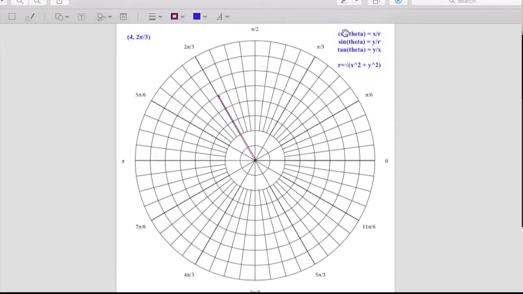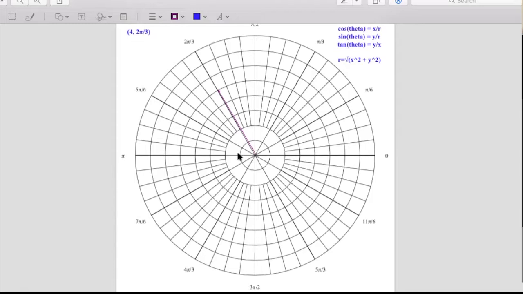And before, the way we used these was, if I gave you a point, let's say I gave you -3, +4, and I said to you, find out what you can about this angle here. Find out the sine, find out the cosine, find out the measurement of the angle.